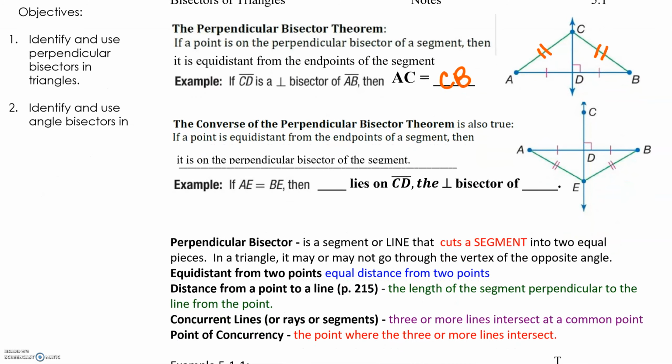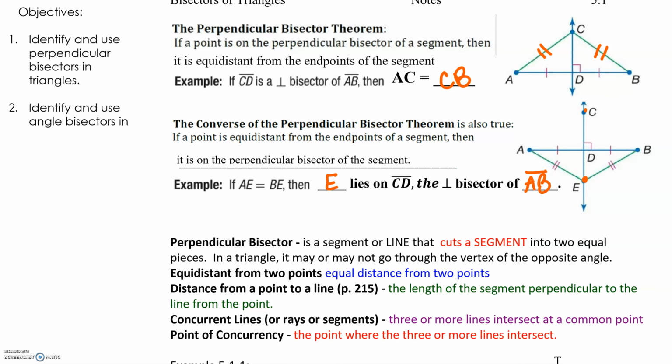All right, the next one then is the converse, going the other direction. So if we know that this is being bisected perpendicular, and we know this segment is congruent to this segment, then we know that this point E lies on CD, the actual perpendicular bisector of AB.